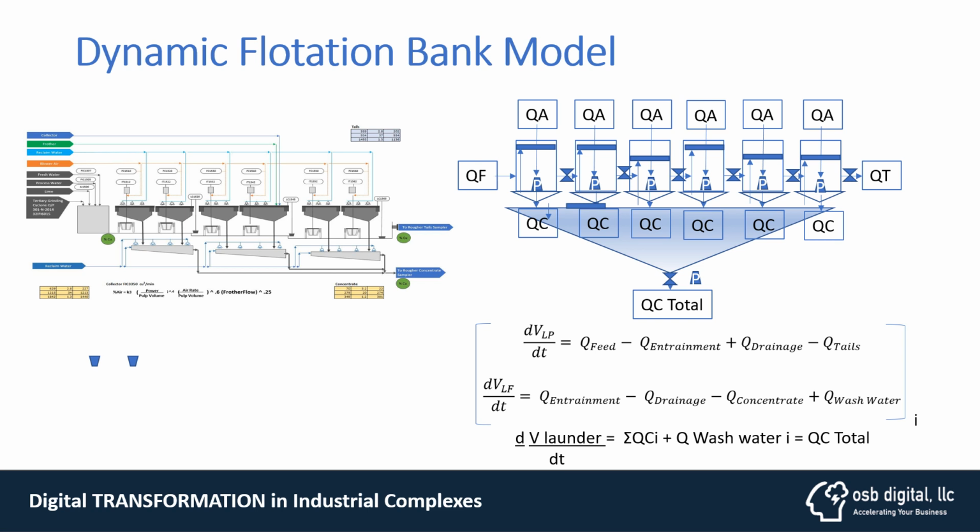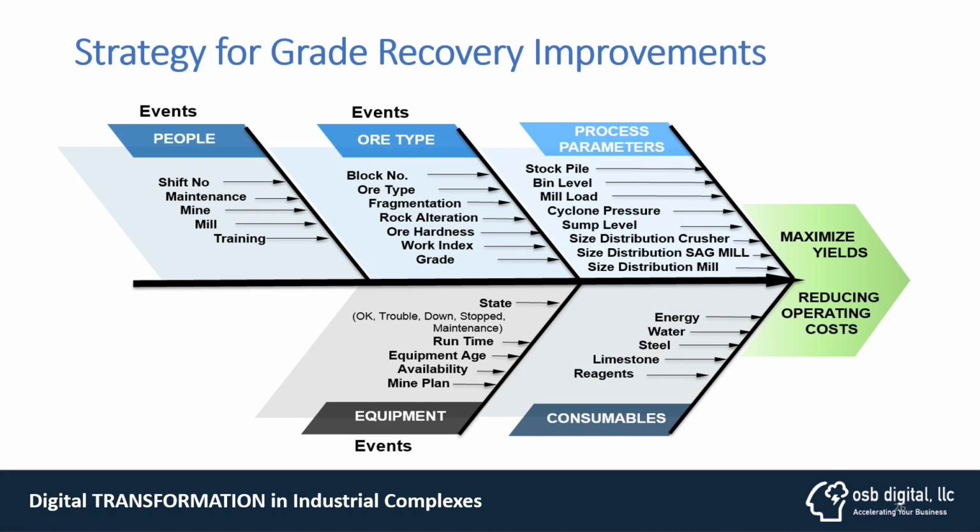If you want to model that bank, you just put several of these in parallel, in series actually in this case, and you calculate all the concentrates depending on the different species. And I'm not going to go into the details of this detailed model, but how we are solving this in the industrial practice.